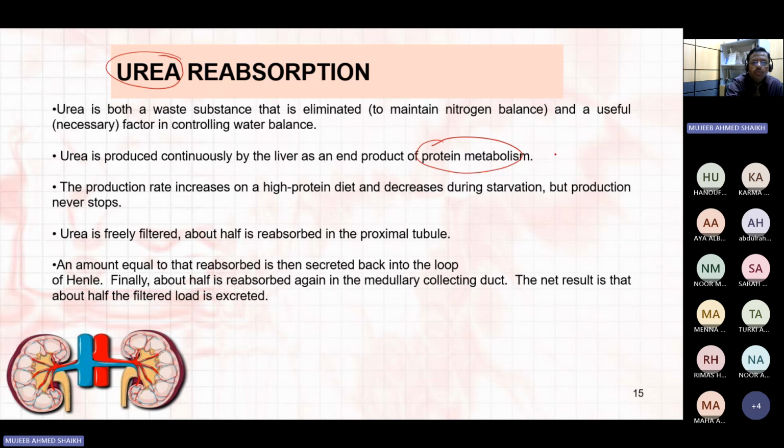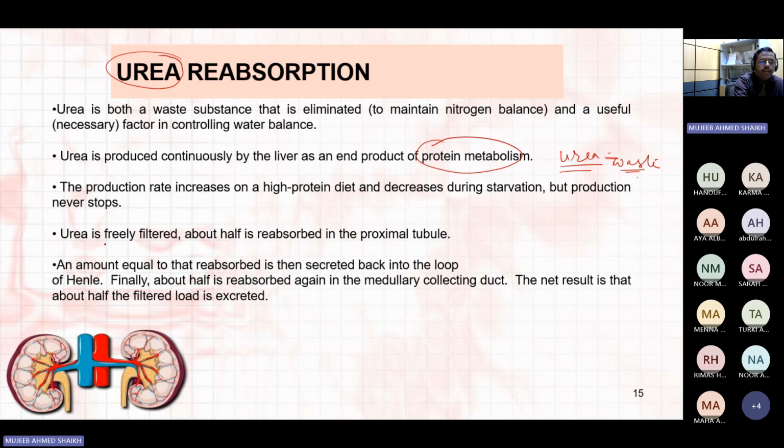So continuously urea is produced in large or small quantity. When we eat more protein, more urea will be present. If we have less protein, less urea will be present. This is a waste product. It is not utilized. But again, this waste is also helpful for our body before it is excreted.